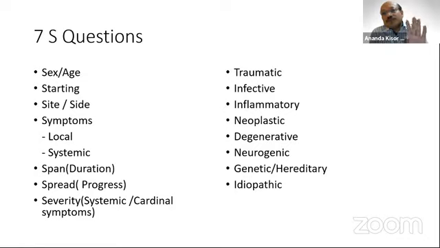So these 5 features are the 5 cardinal features. If these cardinal symptoms are positive, they indicate sinister significance that may be related with some grave disease like malignant disease, or spreading pyogenic infection, or chronic tubercular infection. So these are the 7S symptoms by which you can easily categorize the diseases.